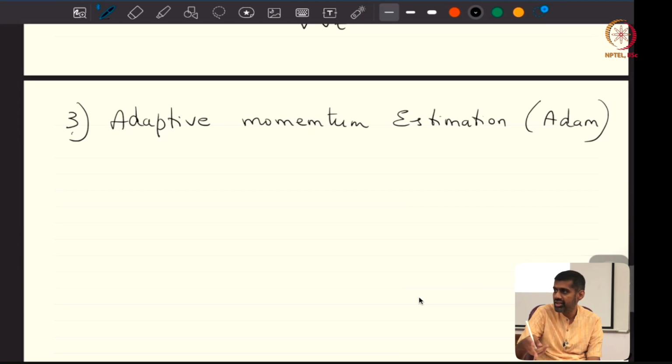It's a combination of both RMS prop and SGD with momentum. There we have both the terms.